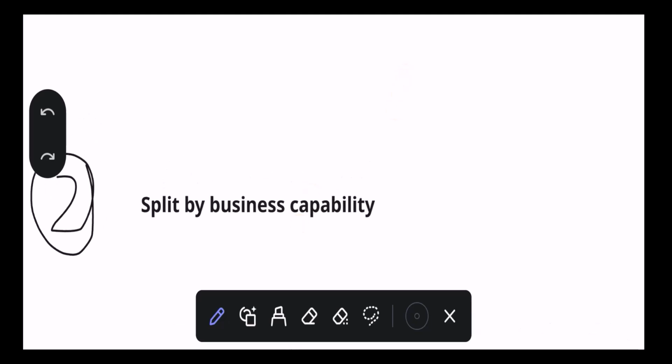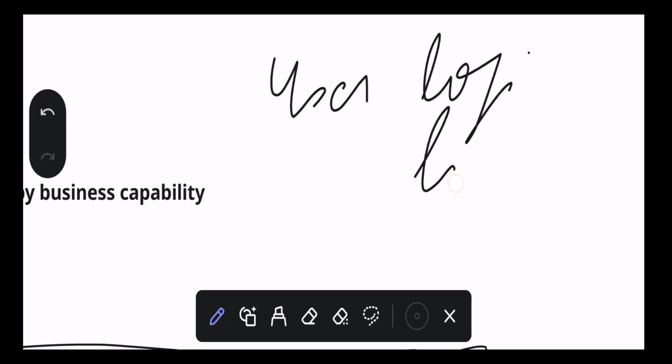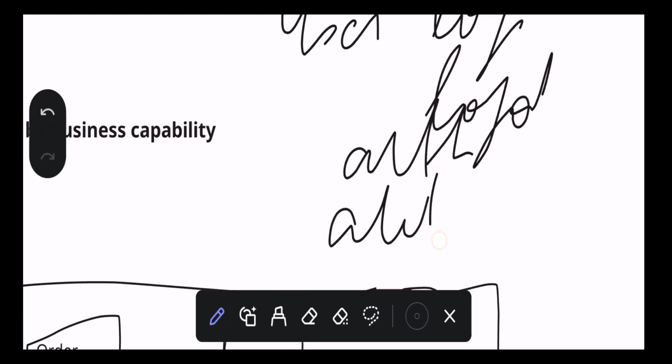Since we have identified the components and bottlenecks, now we have to understand what each component is doing, and if two components are doing the same business function, we will accumulate them and make them one service. For example, user login and user logout, and authentication and authorization for a user.